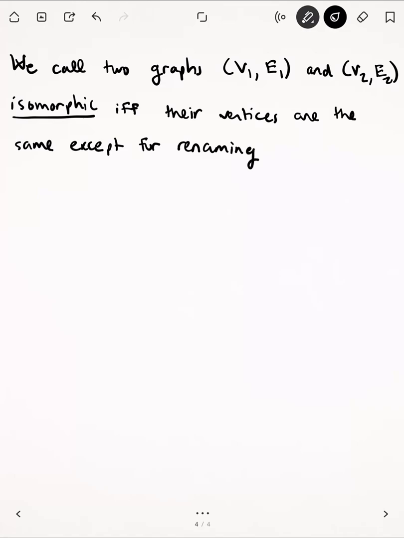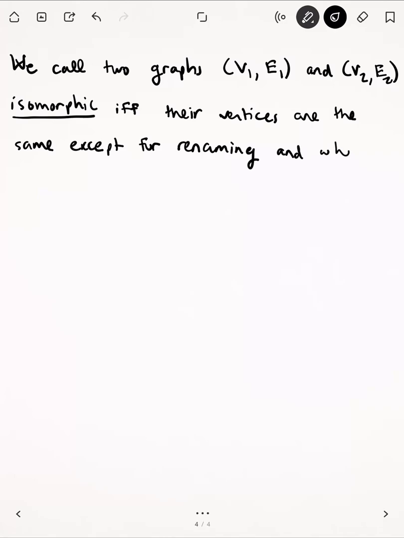If and only if their vertices are the same up to renaming, and we'll see what I mean by this renaming statement in the next example.